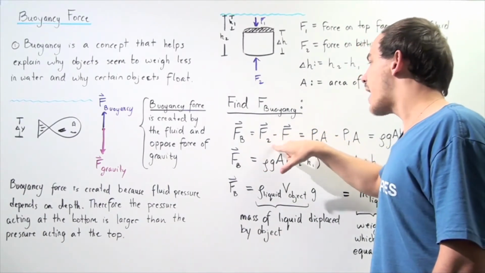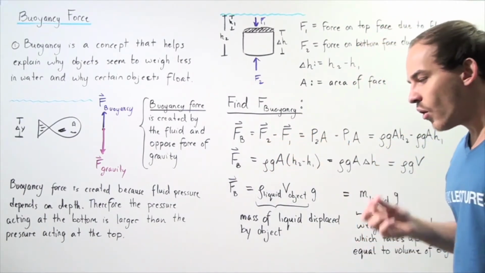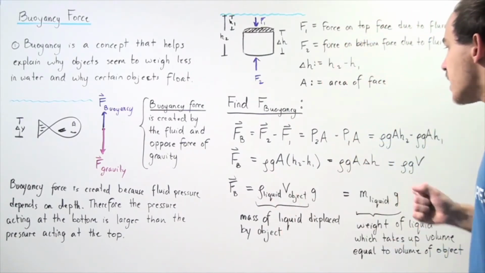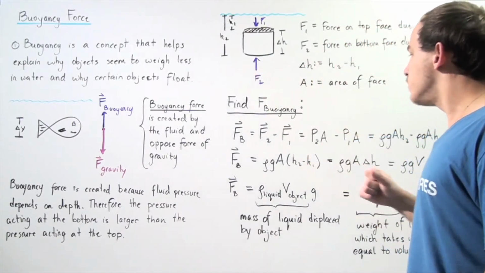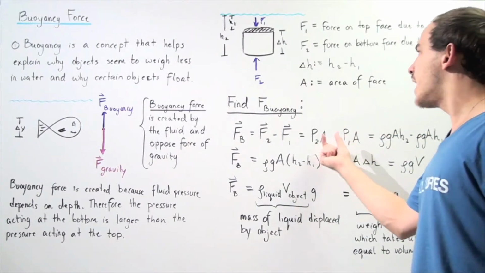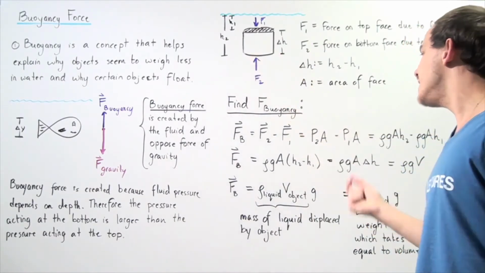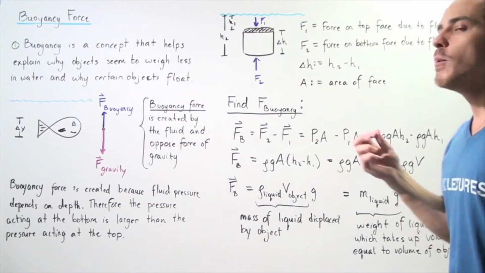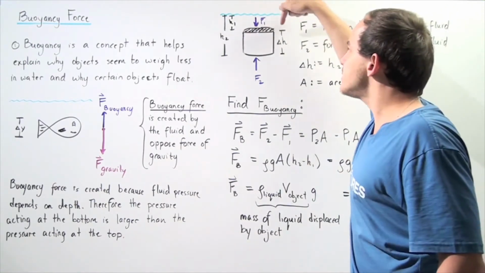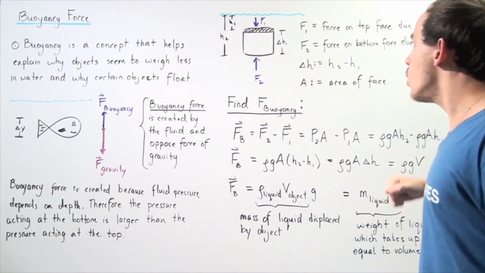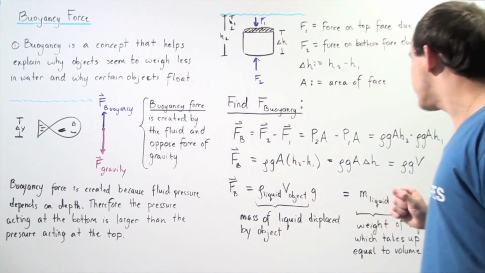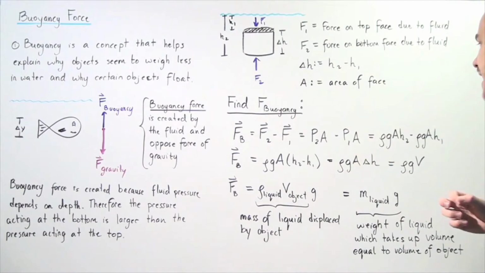Recall that force is equal to pressure times area. So it's the pressure at the bottom, let's call that P2, multiplied by the cross-sectional area A, minus the pressure at the top, P1, multiplied by the cross-sectional area at the top. Notice these two cross-sectional faces are exactly the same, so these A's are the same.